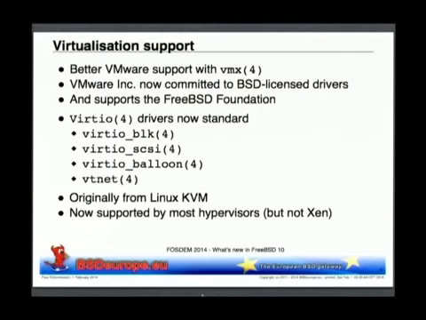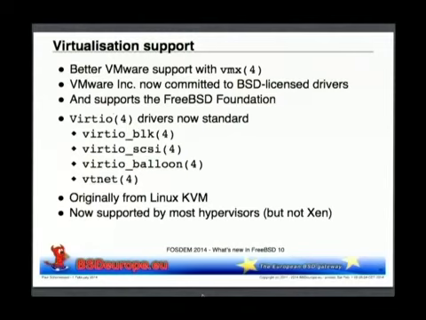We now have the virtio drivers in our generic kernel. virtio block and SCSI implement storage drivers in such a way that they work nicely together with hypervisors. We don't need to emulate the hardware anymore. VTNet does the same for networking.